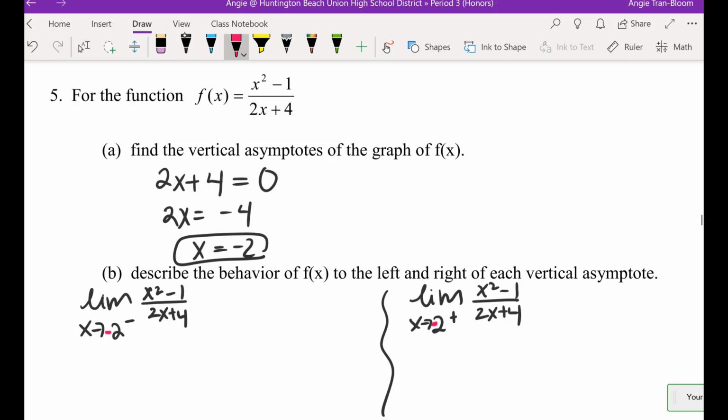So now what? Find limits. I want to know, as I'm approaching -2 from the right, what's happening to my y value? Could you plug in numbers nearby, like -3, -4?